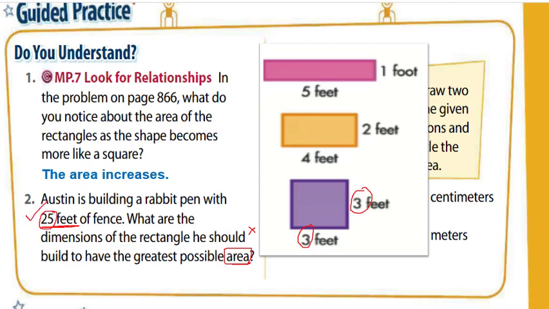Quickly think of two numbers which, when multiplied together, give the product 25. Excellent. 5 times 5 is equal to 25 feet. So the dimensions of his rectangle will be 5 feet by 5 feet.